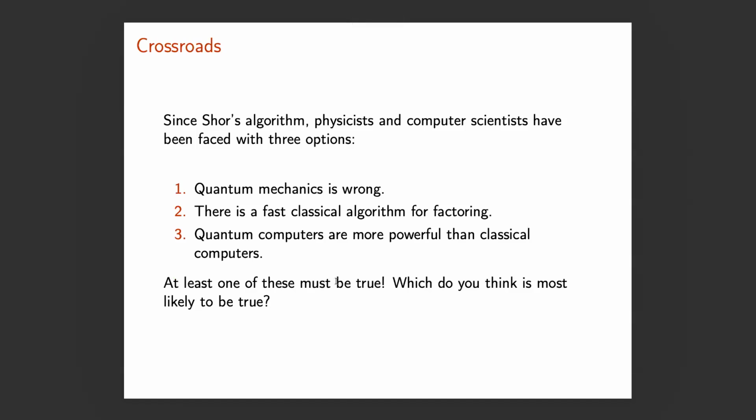So if you look at Shor's algorithm, the typical statements which you will often encounter are: quantum mechanics is wrong, there is a fast classical algorithm for factoring, or quantum computers are more powerful than classical computers. There's a lot of debate about these things. At least one of these should be true.